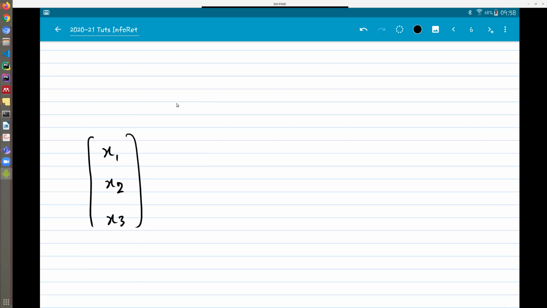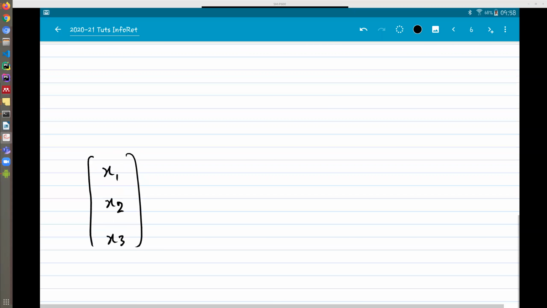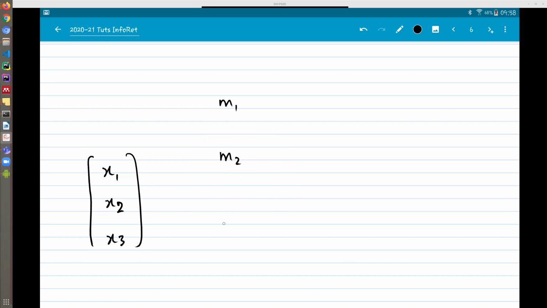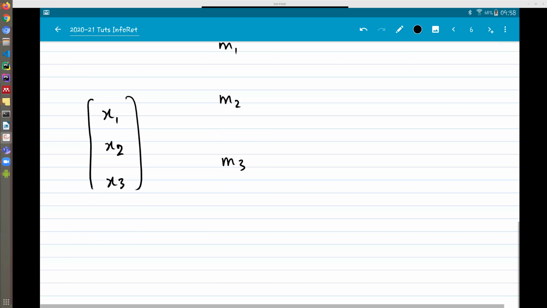So we have this input x1, x2, and x3, and suppose the first layer of the neural net consists of m1, m2, m3, and m4.